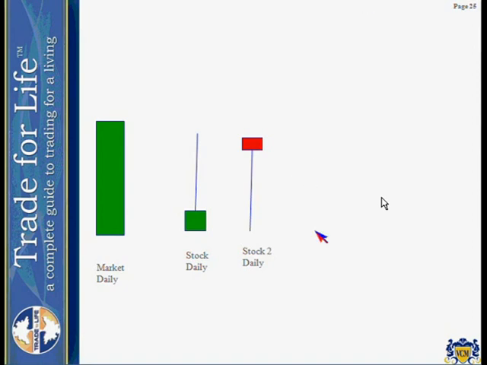Oh, okay. So now let's say you get this. You're saying, what if I get this scenario? Can I go long now? I would say in the beginning of your trading life, no. Why? Why not find this instead?